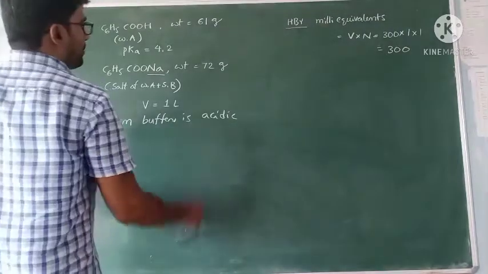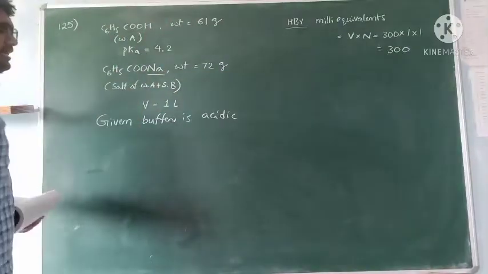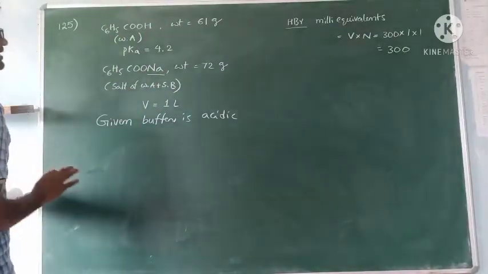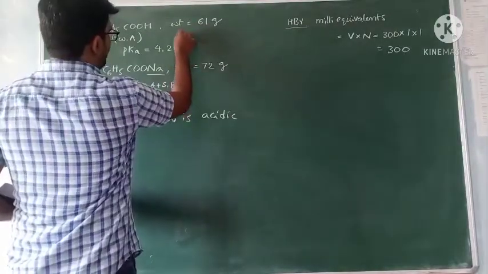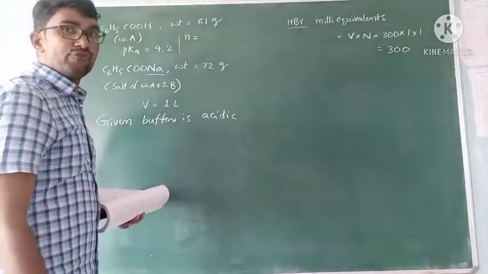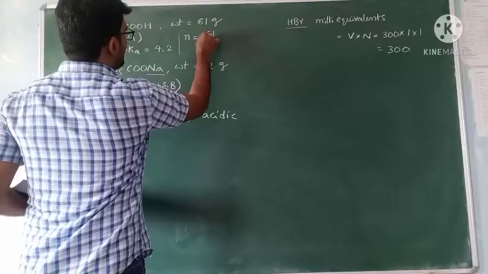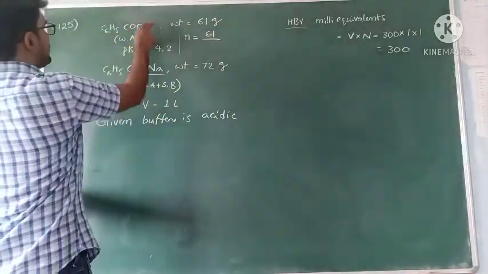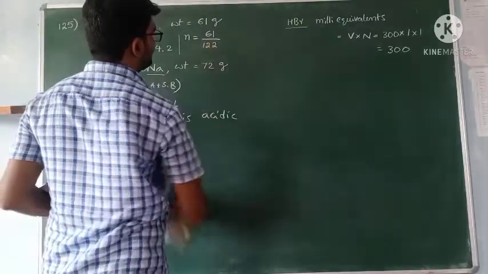Now this is added to this acidic buffer solution. First calculate the number of moles. Number of moles n equal to weight by molecular weight. Weight is given, that is 61 grams. Benzoic acid molecular weight is 122.